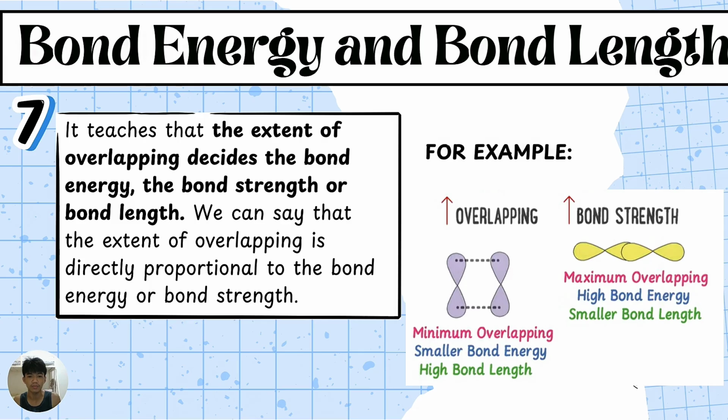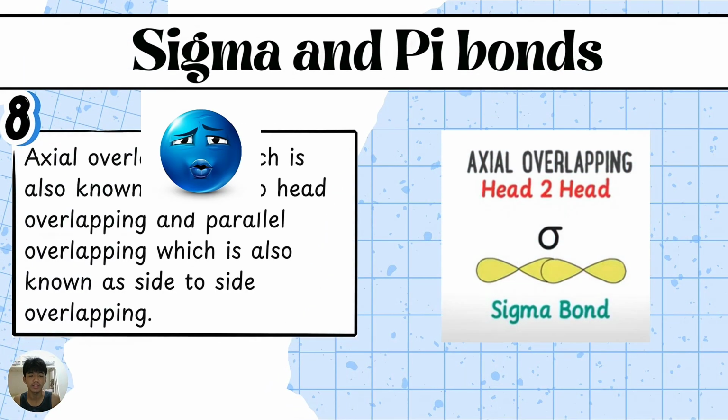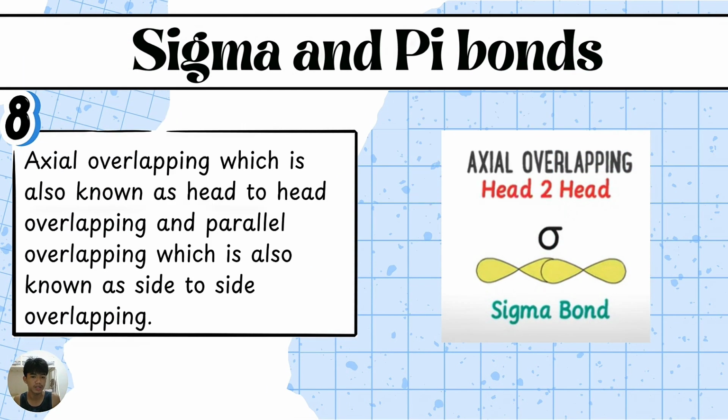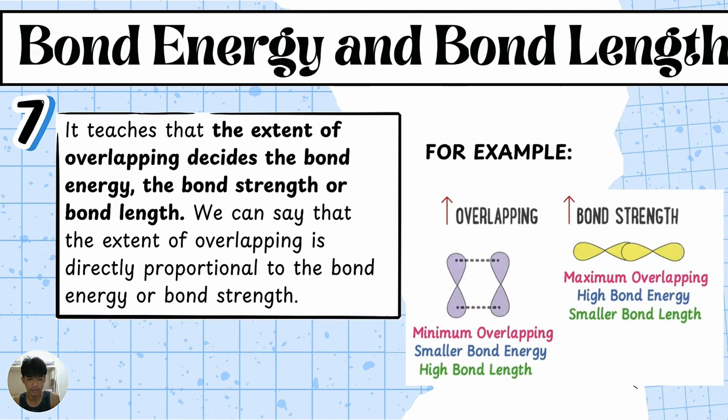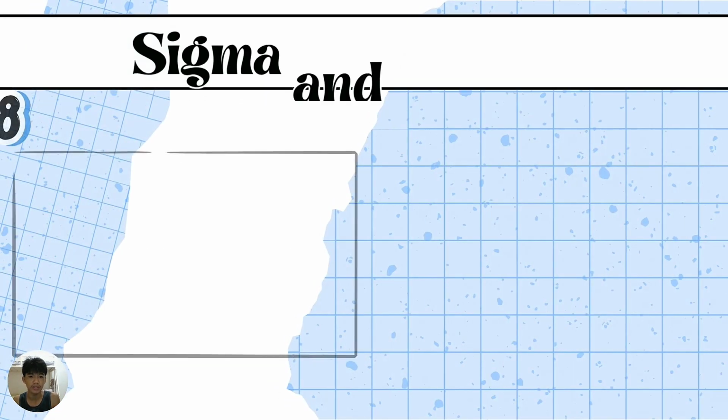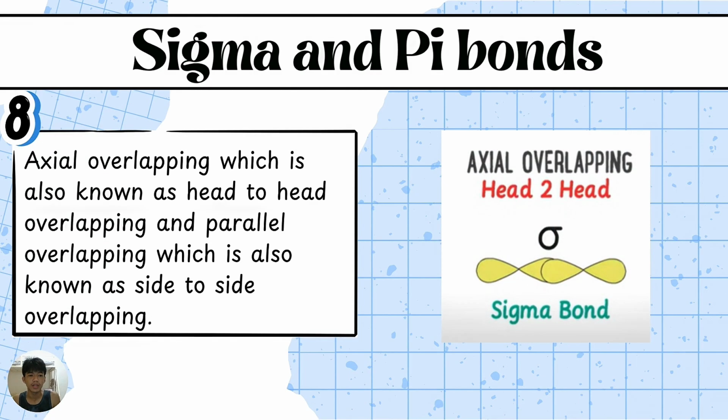Next point, sigma and pi bonds. On this point I'm going to explain what you just saw on the previous slide, the purple dumbbell and the yellow dumbbell. Axial overlapping is also known as head-to-head overlapping, and parallel overlapping is also known as side-to-side overlapping.